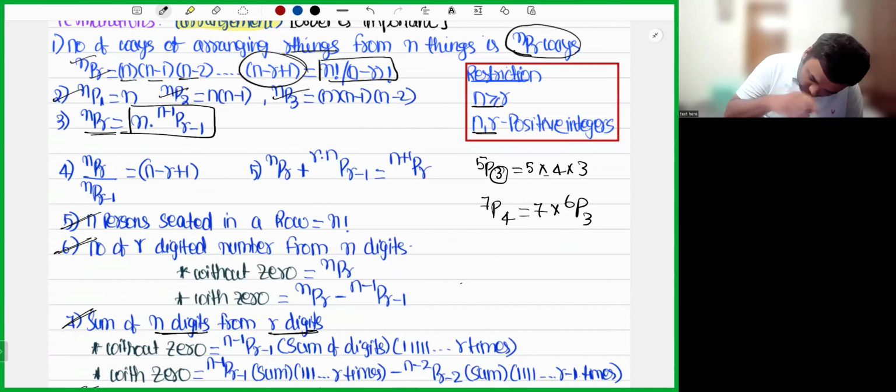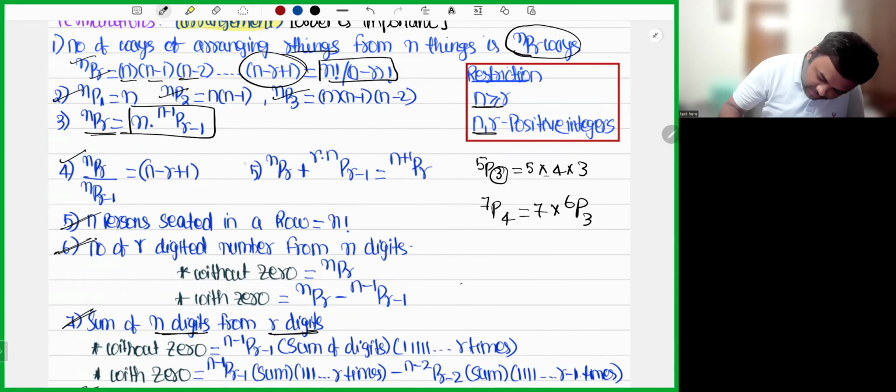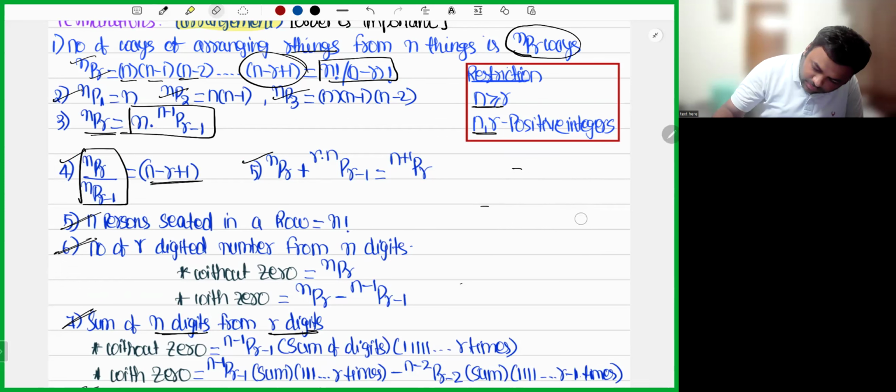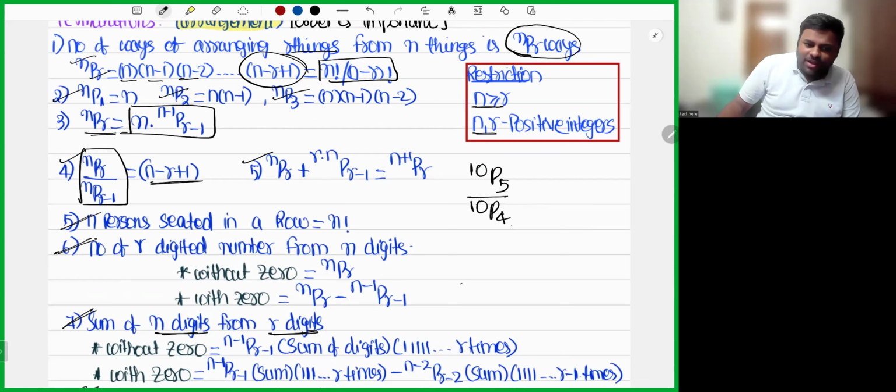Next, fourth and fifth result. NPR by NPR minus 1 will be n minus r plus 1. Like say for example, I am saying 10P5 divided by 10P4. What will be 10P5 by 10P4?